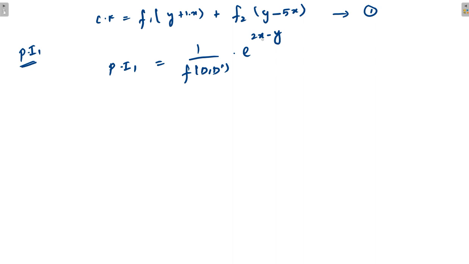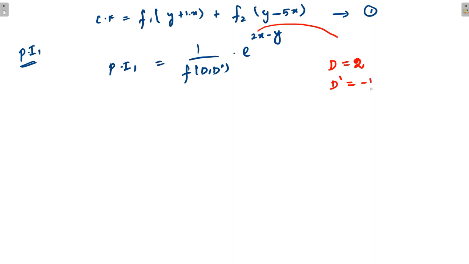Here this is an exponential function. So when an exponential function is coming, you have to substitute D equal to the coefficient of x. The coefficient of x is 2, so that's why I have taken D equal to 2. D dash is nothing but the coefficient of y. The coefficient of y is minus 1.